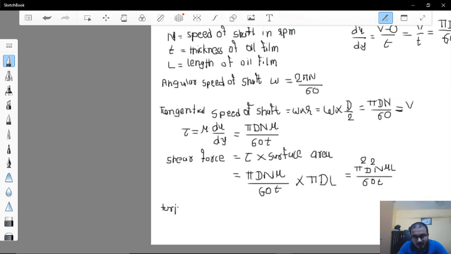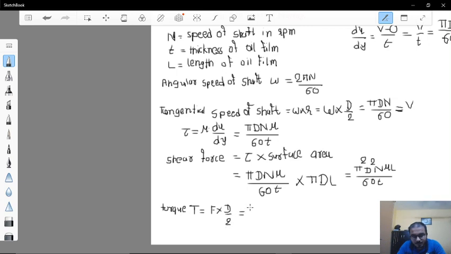Then the torque T will be equal to force into radius, that is, let us write directly d by 2.